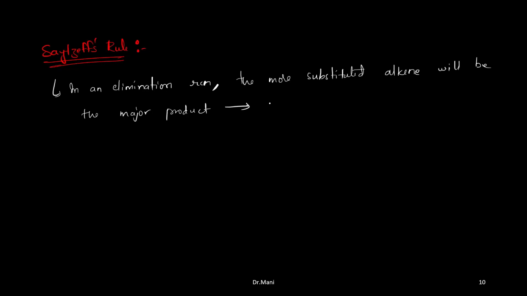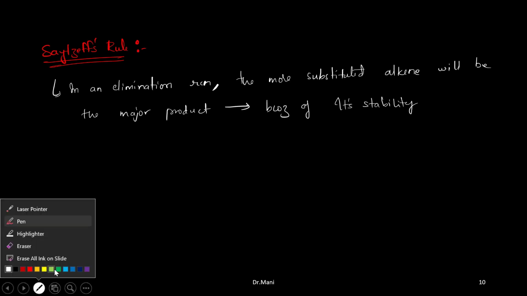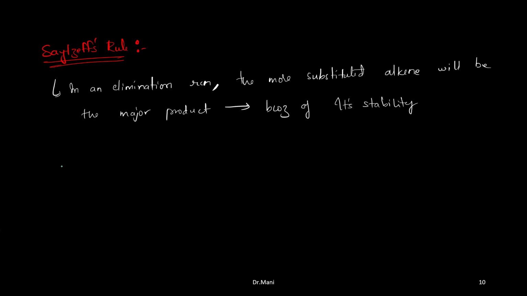That's because of its stability. If it is more substituted, it will be more stable. And the next one is Hofmann's product or Hofmann's rule.